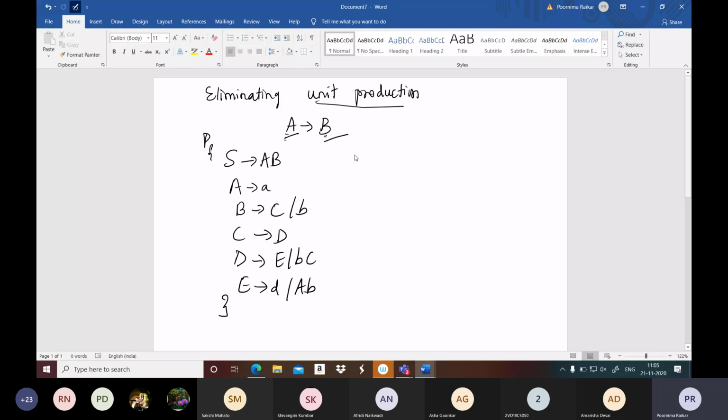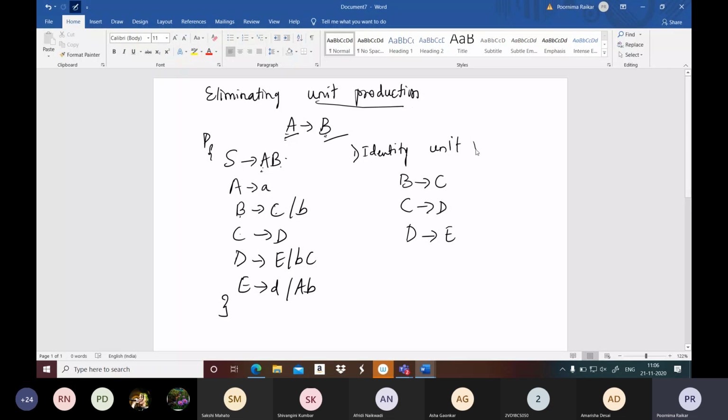So in the first step you have to identify all those unit variables which tend to a single non-terminal. If you observe, this is 2, so no unit production. This is also no. B to C is a unit production because both sides have a single non-terminal. C to D is also a unit production. D to E. So all these three are unit productions. All others are combinations of terminals and non-terminals.